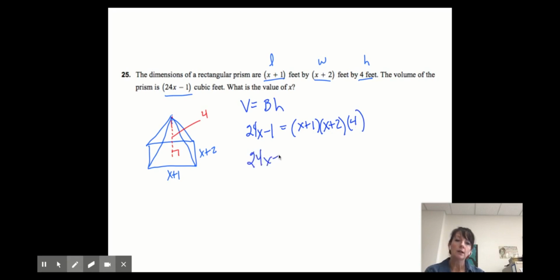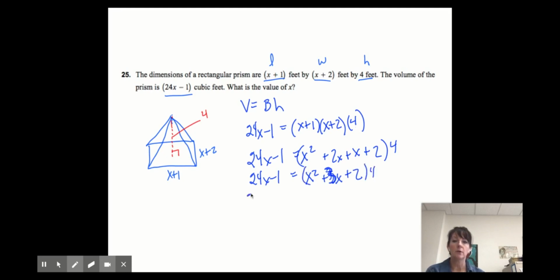So 24x minus 1 is going to be equal to, your first term would be x squared plus 2x plus x plus 2, and then all of that would be times 4. So 24x minus 1 equals x squared plus 3x, doesn't look like a 3, but it is, plus 2, and now we can distribute the 4. So we have 4x squared plus 12x plus 8.